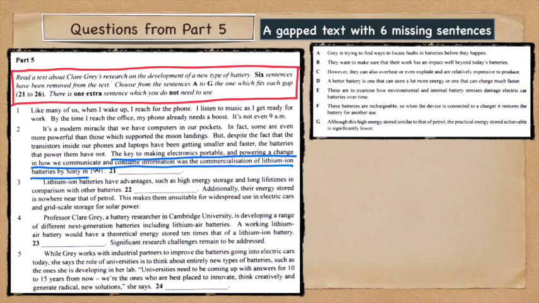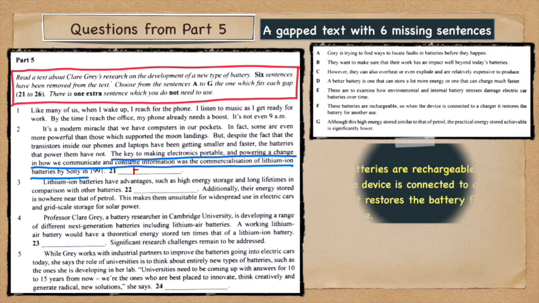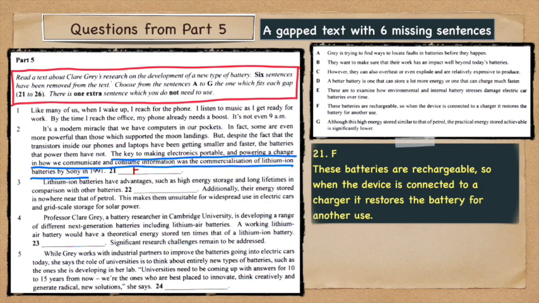So it's very obvious that the answer is F, which is: these batteries are rechargeable. So when the device is connected to a charger, it restores the battery for another use. Another hint is that the sentence before the gap mentions lithium-ion batteries by Sony in 1991.